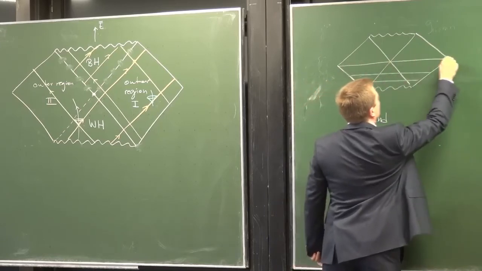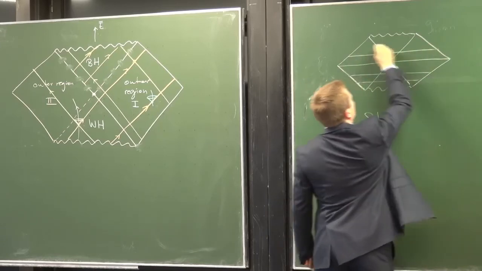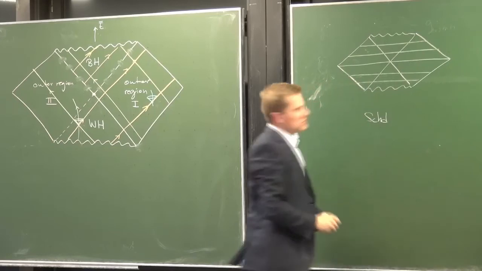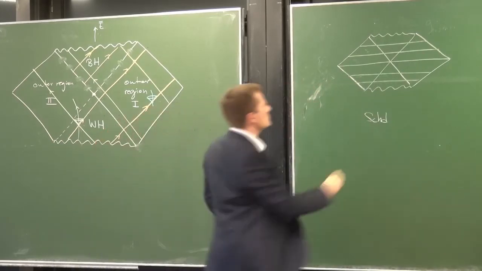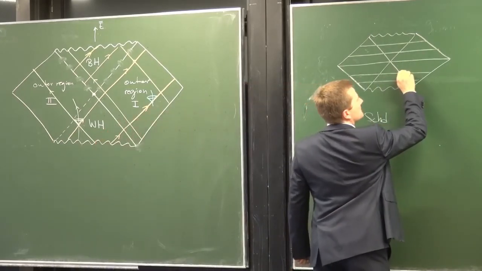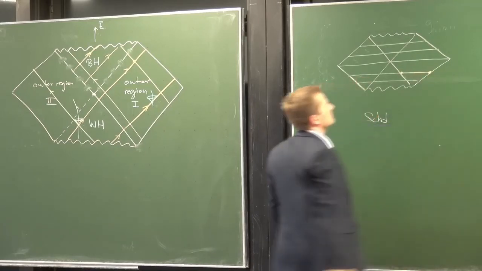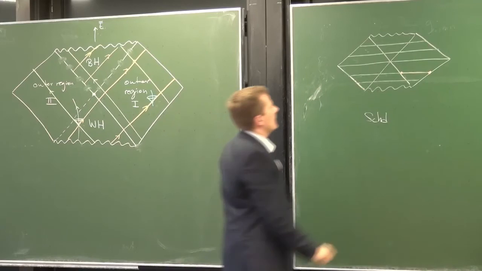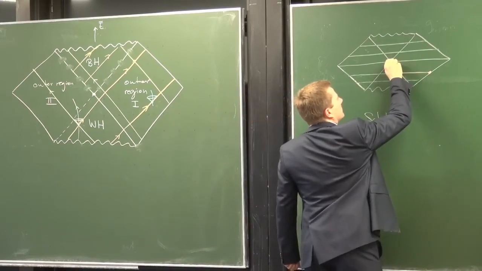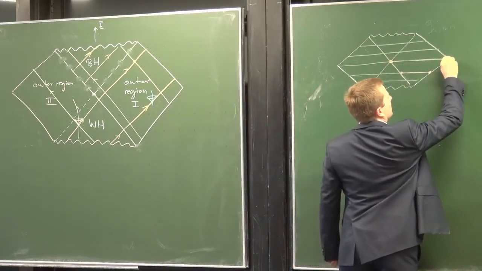There's this one, and this one. So if we look at this one here, this is part of the outer region which we believed to understand. Now look at this one. This is this outer region which we believe to understand.